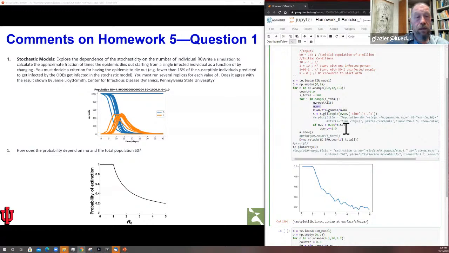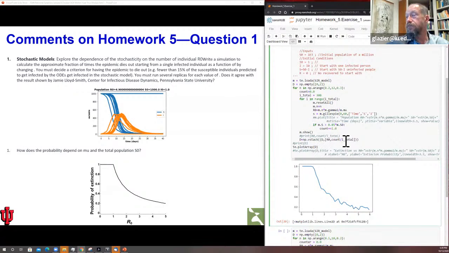Once you've got that working, you have to do what I'd call a metric, which is how do you assess the question that you're trying to address? In this case, what's the fraction of replicas which die out? And in this case, we said we define die out if fewer than 15% of the individuals who are susceptible become infected. We could change that number.